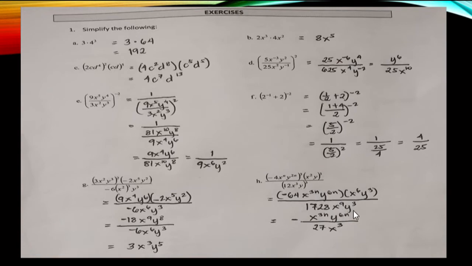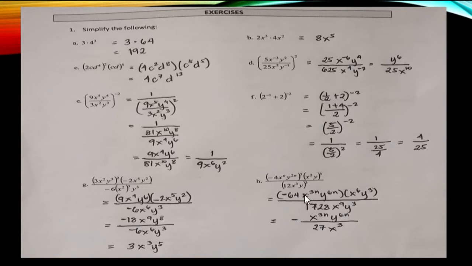Then y cube. Okay, so we will simplify further. Our negative 64 divided by 1,728, that is negative 1 over 27. So 27 goes to the denominator.